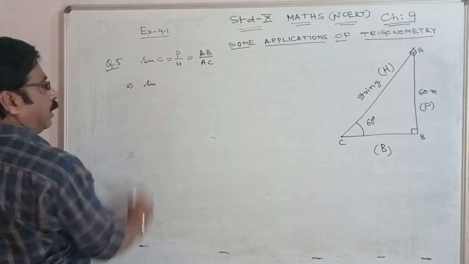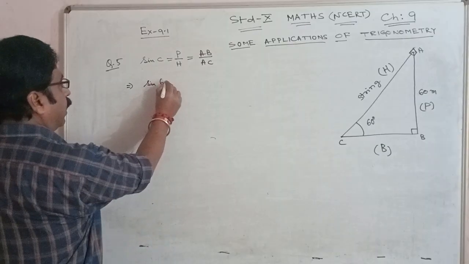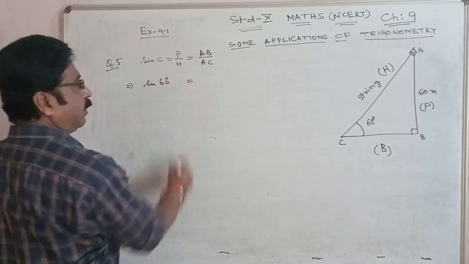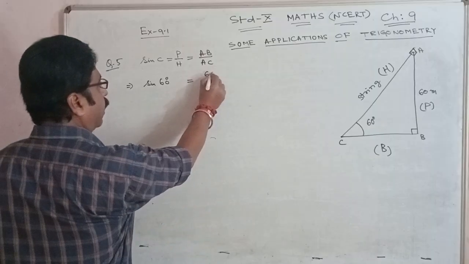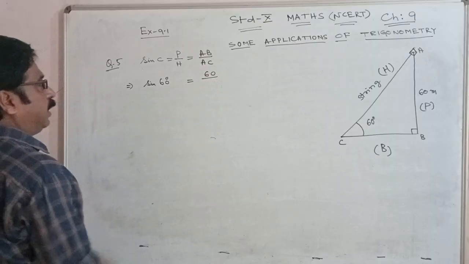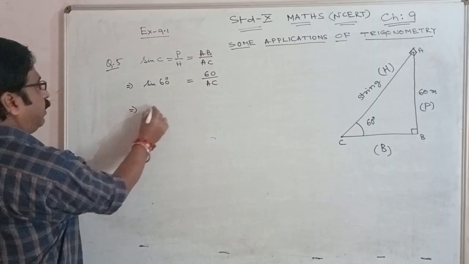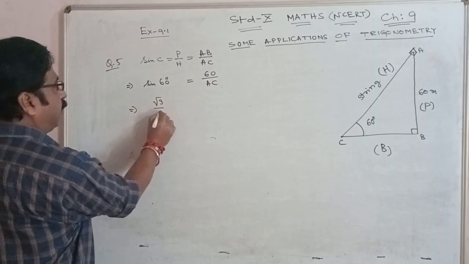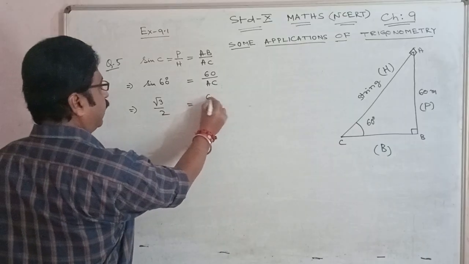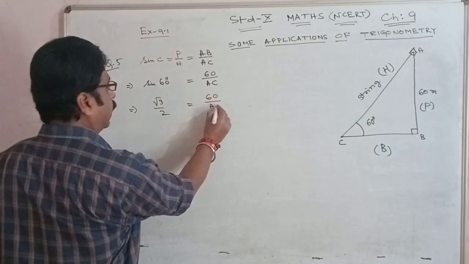Sin angle C is 60 degree equals to AB is 60 meter, AC is unknown. Sin 60 degree means root 3 upon 2, it will be 60 upon AC.